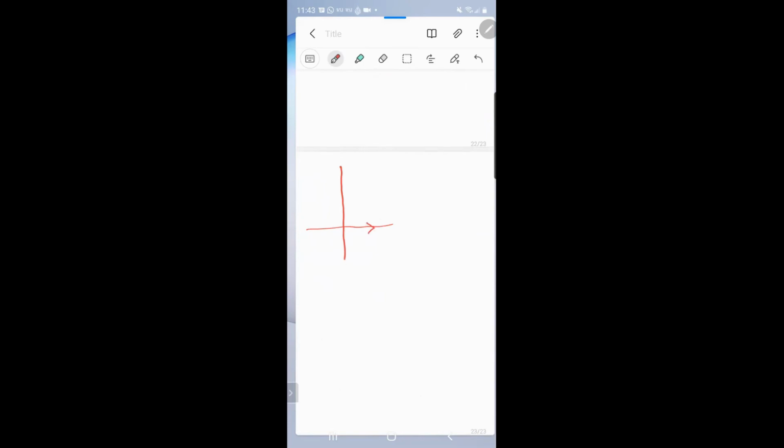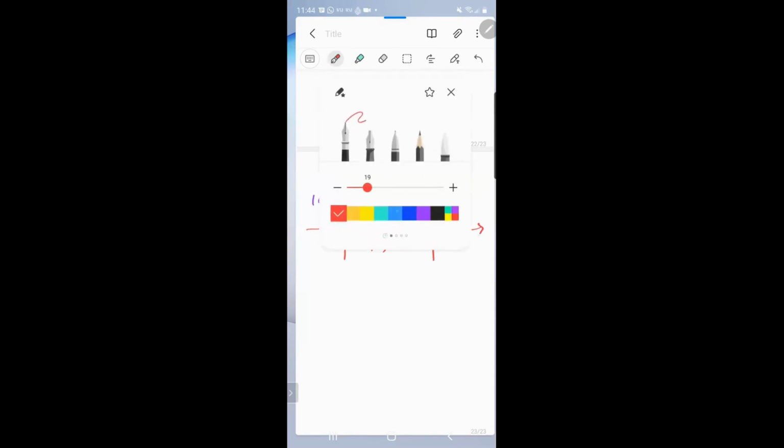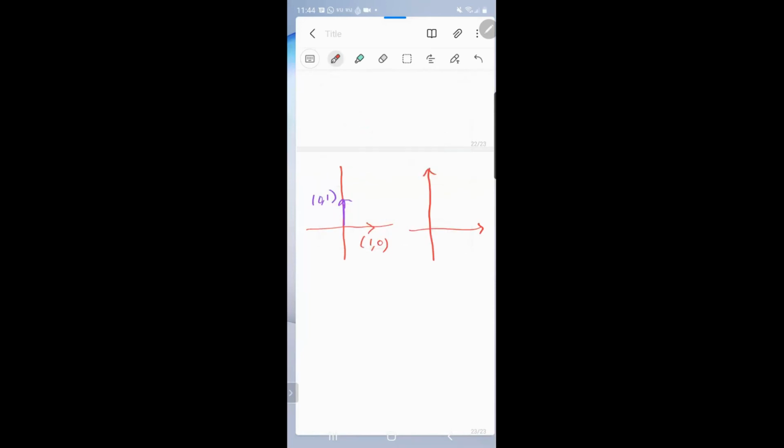So this initial vector 1, 0, and this vector 0, 1, after the transformation went to 1, 4. This is 1, let's assume this is 4. And 2, 3.